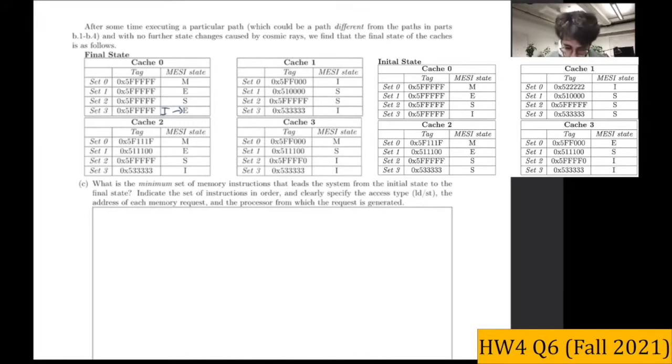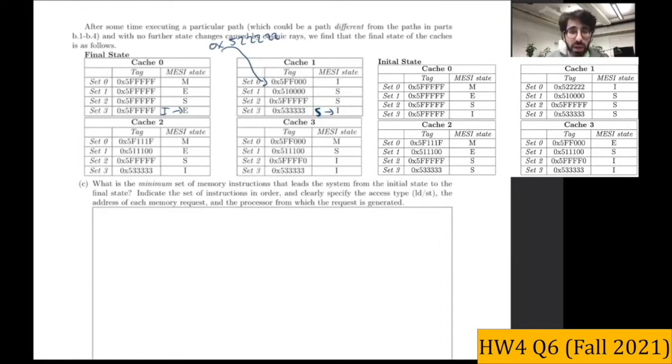For cache 1, in set 0, previously we had another state, and in set 3, previously we had a shared state.